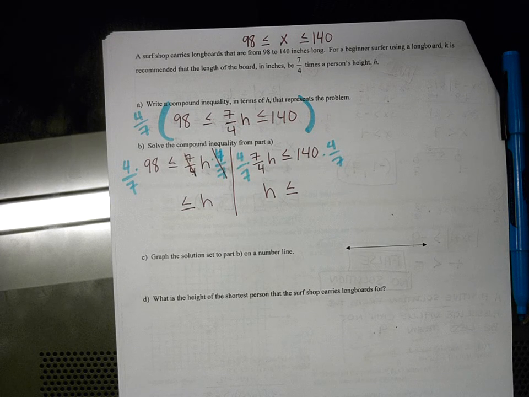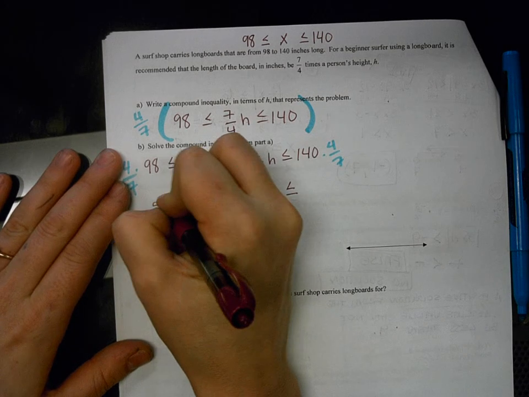Let's see. 98 times 4 is 392. 392 divided by 7 is 56.